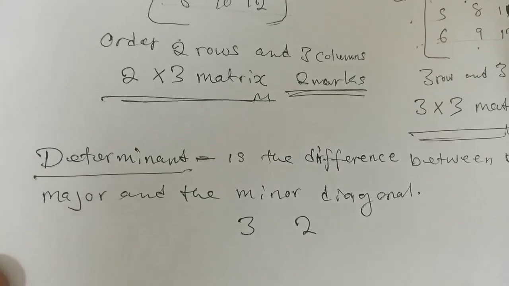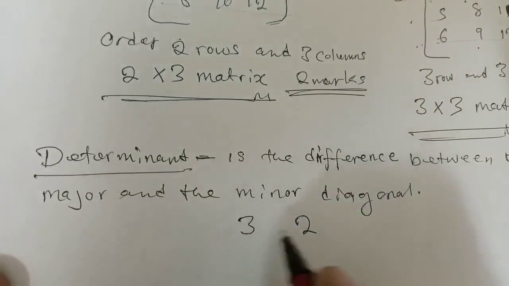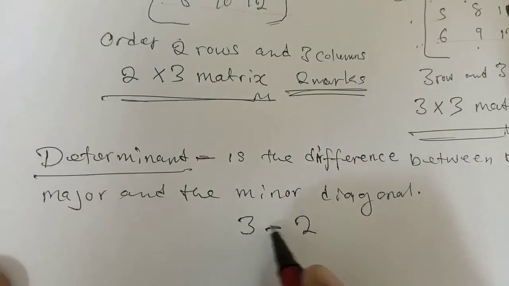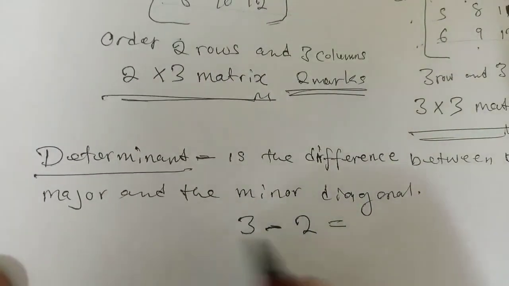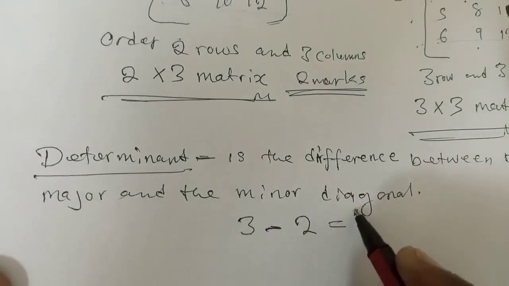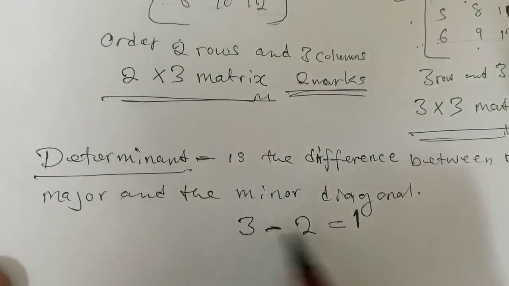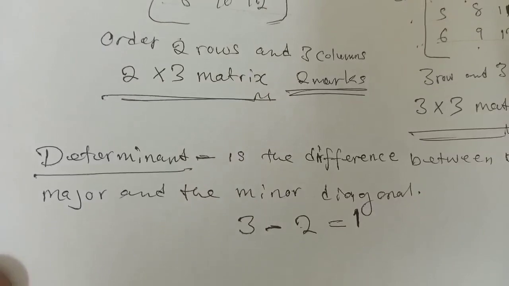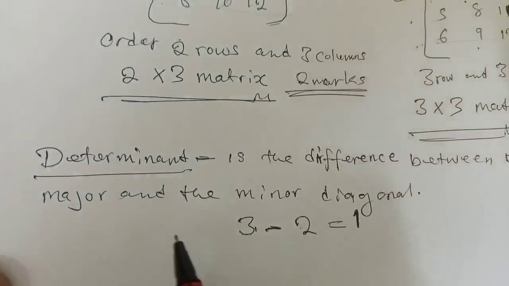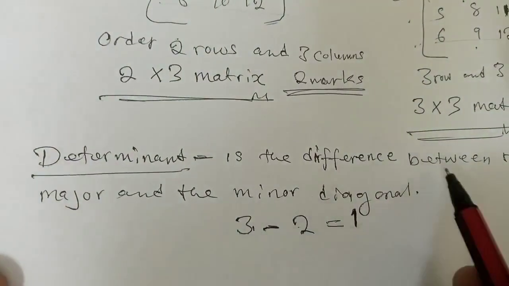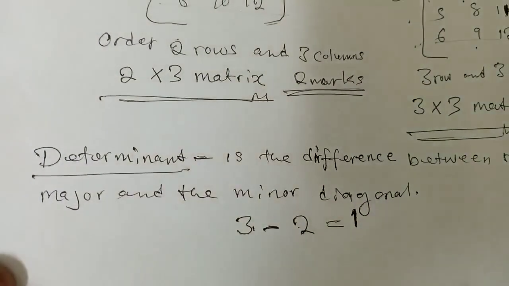When they say the difference, they're asking you to subtract, to know the remainder. So the difference between 3 and 2 is 1. So now they're asking you to find the difference between the major and the minor diagonal.